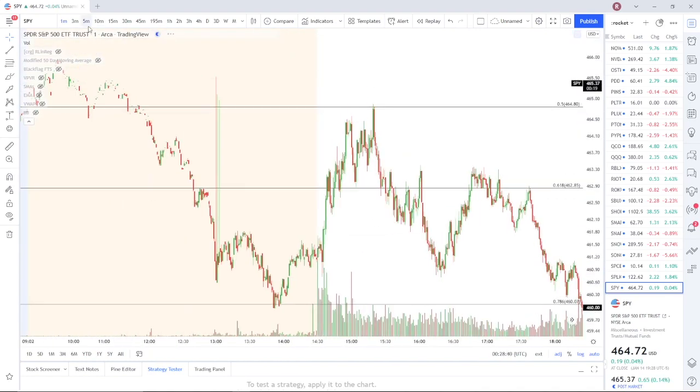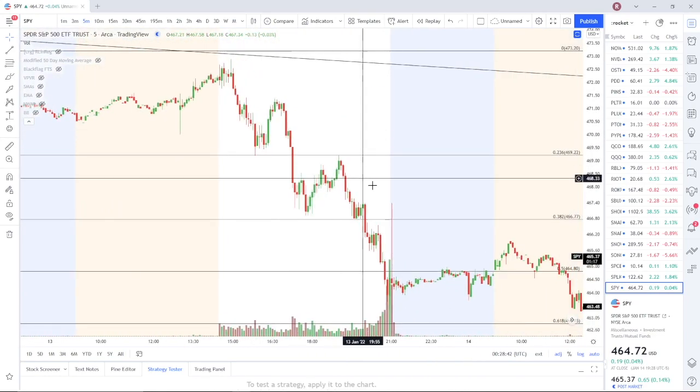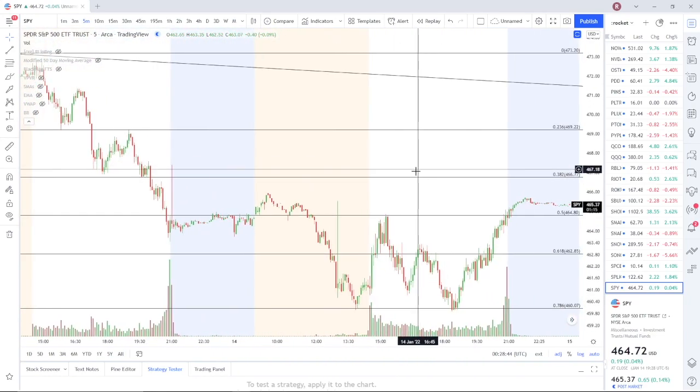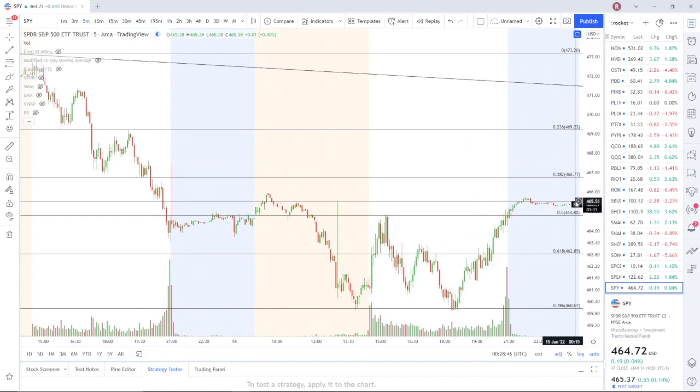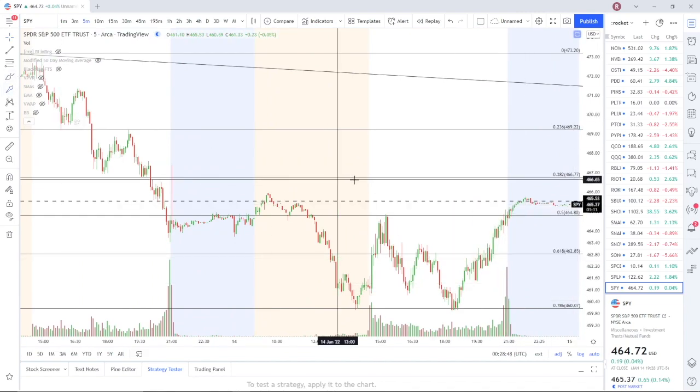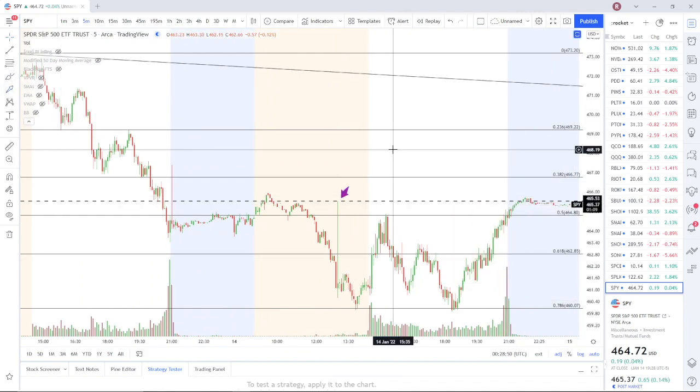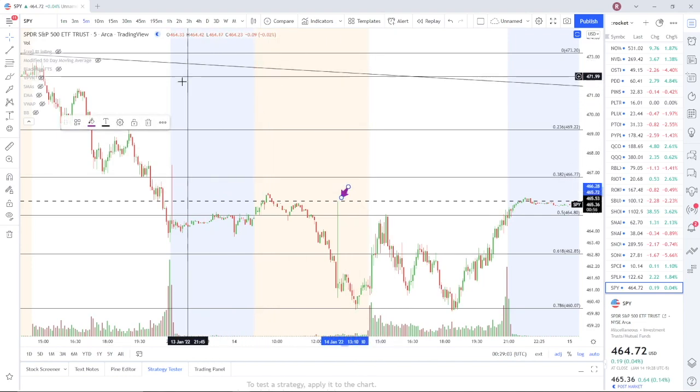Also, if you don't have live data on TradingView, I don't know if other brokers have these, and you like to trade SPY a lot, these little wicks that you see every single morning, you'll see them at 8 o'clock on all of your tickers. They're one of the most reliable things I've ever noticed on a trend, and price always seems to react around them.